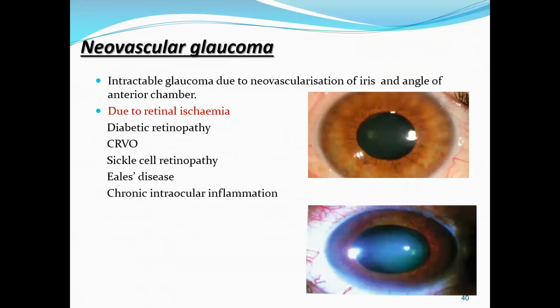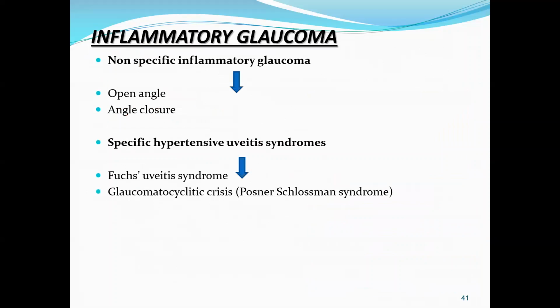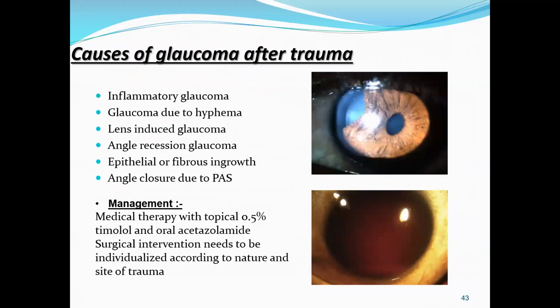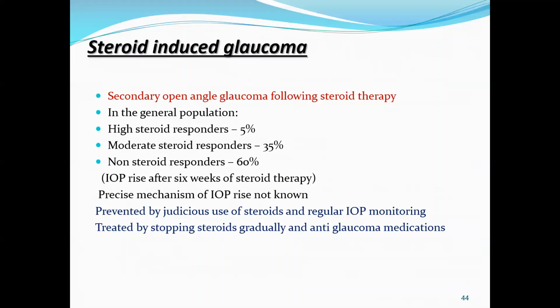Next one, neovascular glaucoma. Shortly about secondary glaucoma. Inflammatory glaucoma, non-specific inflammatory glaucoma. It may be open angle and closed angle, and it may be due to uveitis. Traumatic glaucoma. Steroid-induced glaucoma.